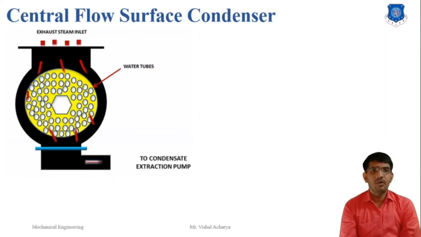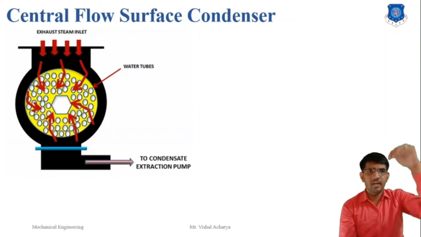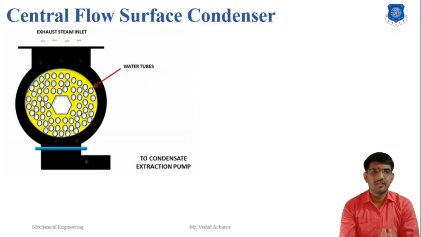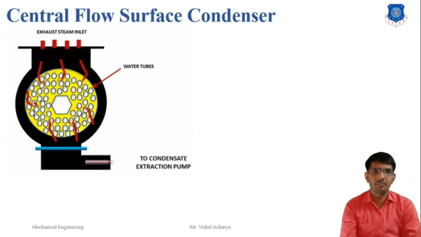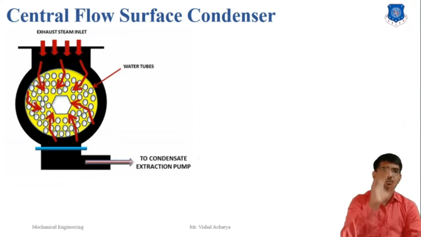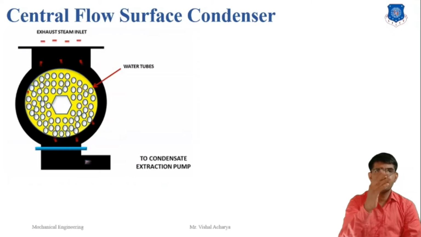In a center flow condenser, the steam enters at the top of the condenser and flows in a downward direction. The suction pipe of the air extraction pump is provided in the center of the tubes, as shown in the figure.